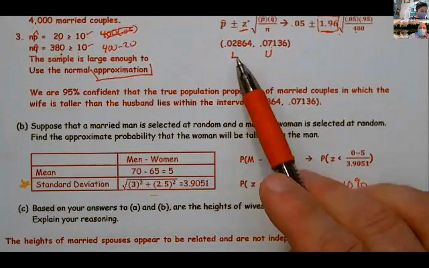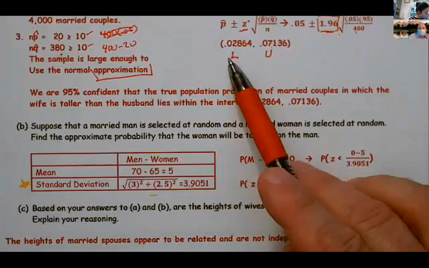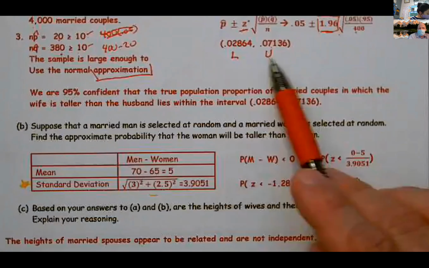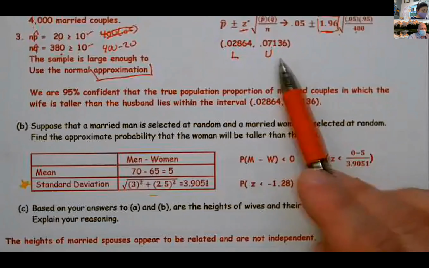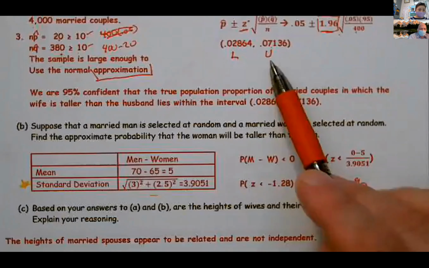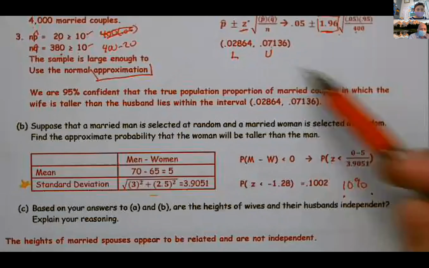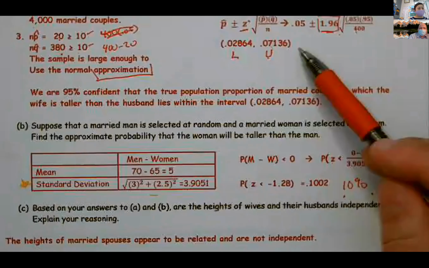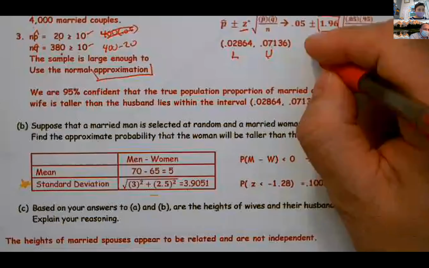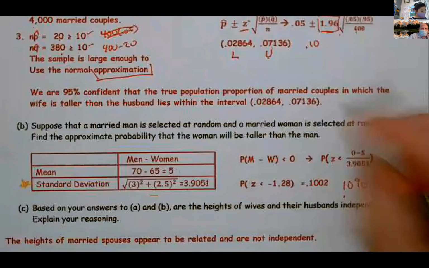And what I was expecting to find from the confidence interval is that the difference between married couples lies here. And I look at that 10%, and that doesn't lie within that interval. It's above that interval. It's somewhere up here, above it on the positive side.